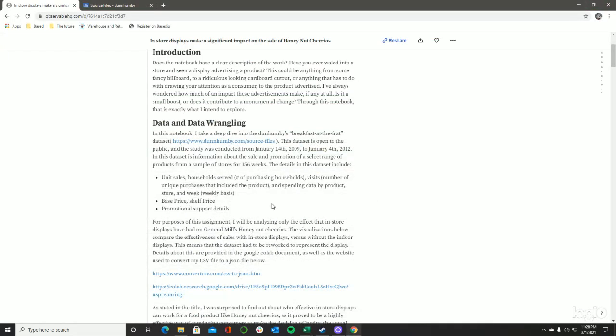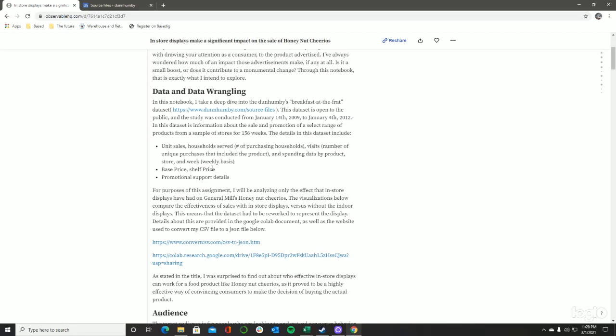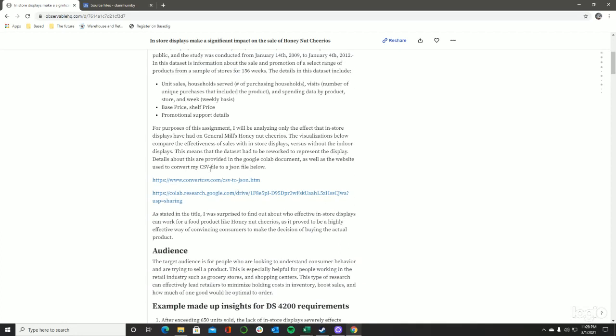Now going back to the data wrangling, what we are focusing on is specifically unit sales, base price, and shelf price, and then the in-store promotions and their effect on the sale of Honey Nut Cheerios.